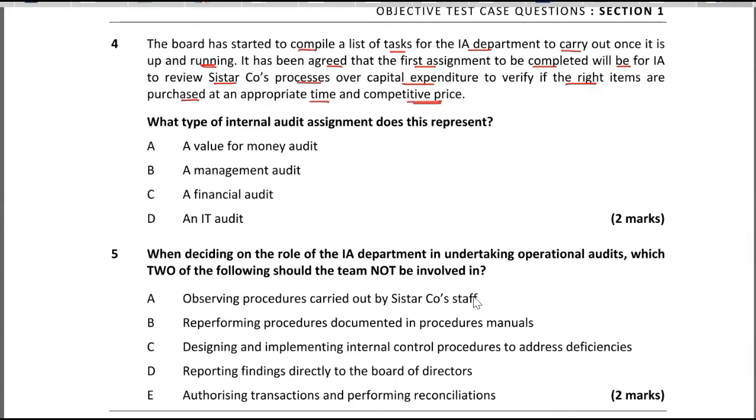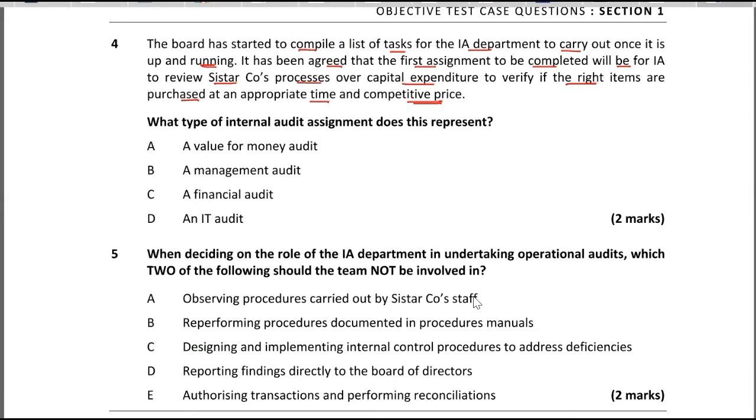So they are just confirming that whether those assets, non-current assets, the one which belongs to the capital expenditure, because usually the capital expenditure is of the significant amount, and they're just confirming it whether those things were actually needed and whether they were actually bought at the right prices.